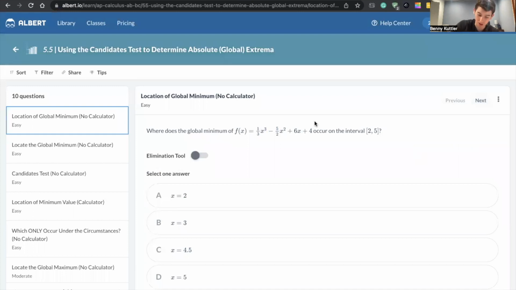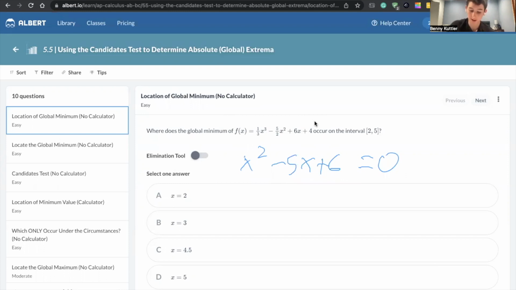So if we take this function, first thing we want to do is take a derivative and see where this derivative equals 0. So using the power rule, we get x squared minus 5x plus 6. Then we set that equal to 0.